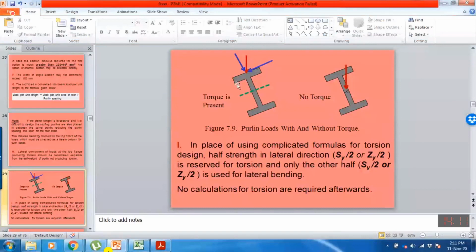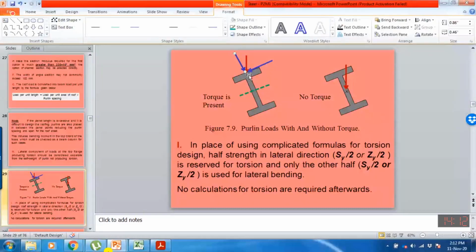If I convert this applied load into two components, one component is acting parallel to this plane and one is acting parallel to this web. This component of the load is passing through the centroid, so it is not producing any moment. But this component, which is acting in the lateral direction, has a certain eccentricity from the central axis.